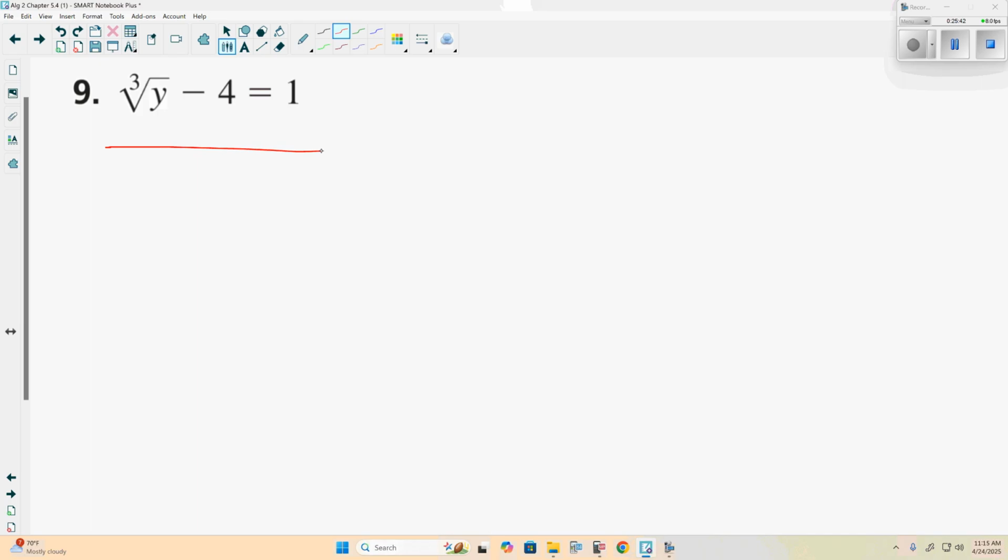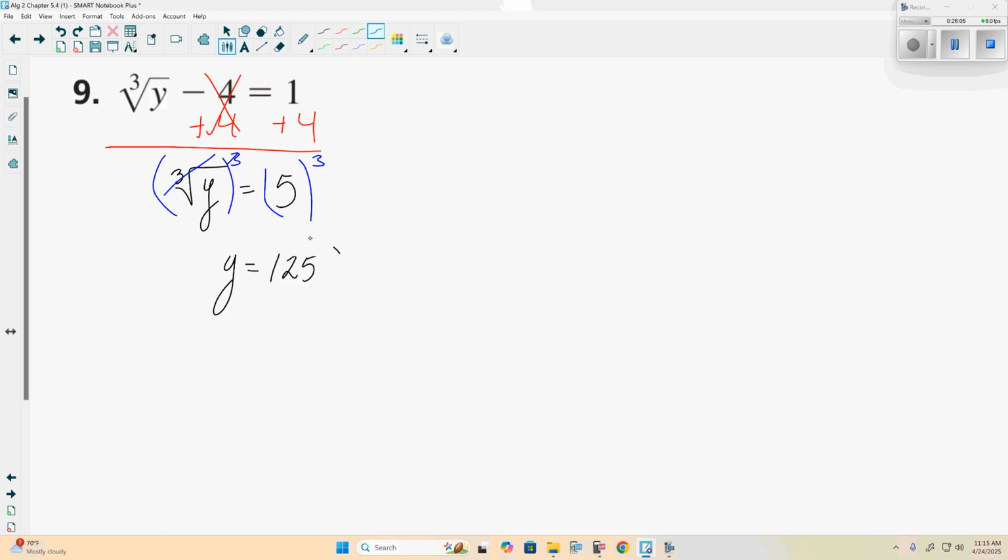Cubed root of y minus 4 equals 1. We need to get it by itself, so we would what? Add 4, telling us that the cubed root of y is equal to 5. Then we would set it to the third power, because putting it to the nth power would tell us that y is equal to 125.